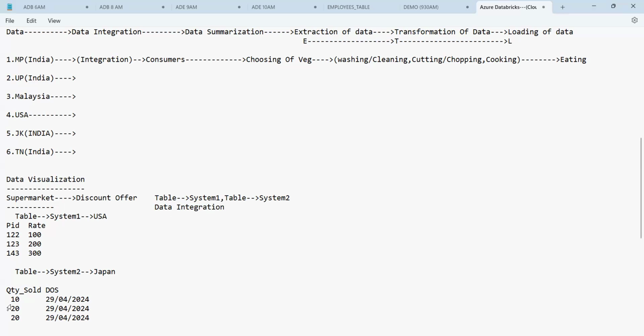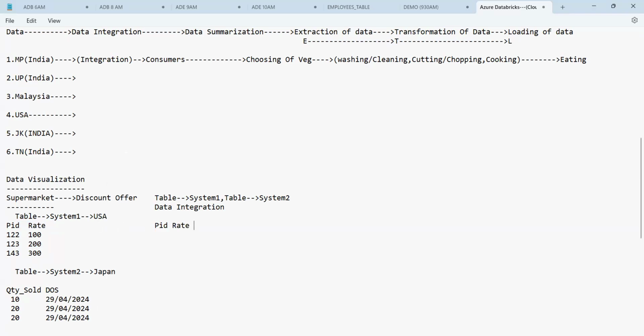So how do you integrate it? I'm doing it as it is. Copy this. I'll write it manually. Product ID and rate.